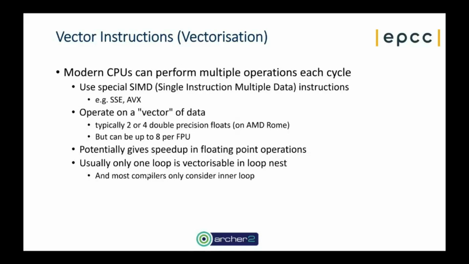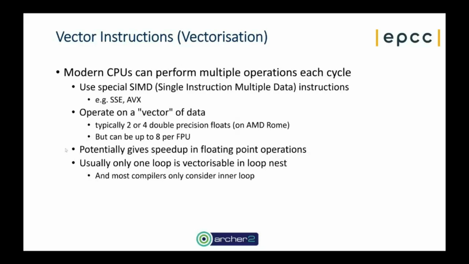Now, typically a vector will work on, say, maybe 4 pieces of data at once, or 8 pieces of data at once, or maybe even 16 pieces of data at once. There are a range of different implementations of this and a range of different approaches. But of course, you can only use the one that's implemented in the hardware for the processor you're running. So we'll have a look at what's on ARCHER2 particularly.